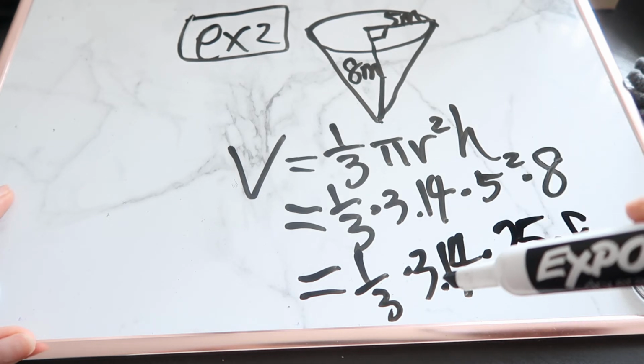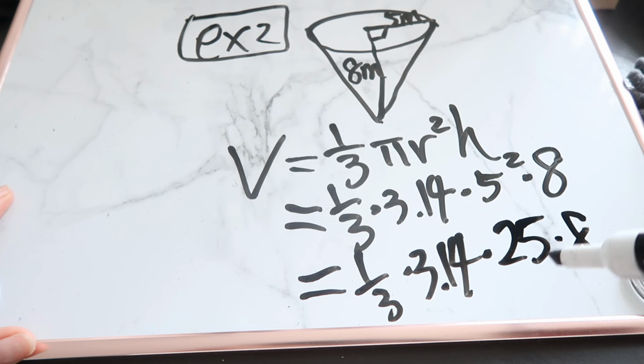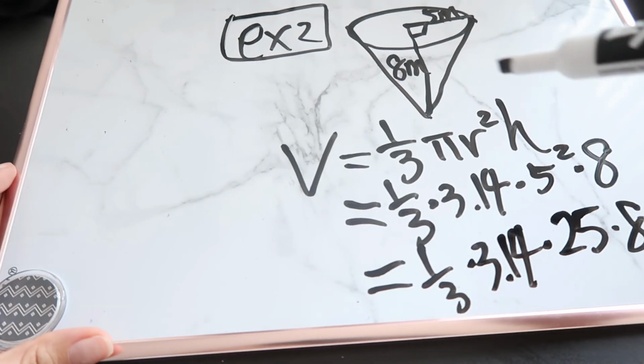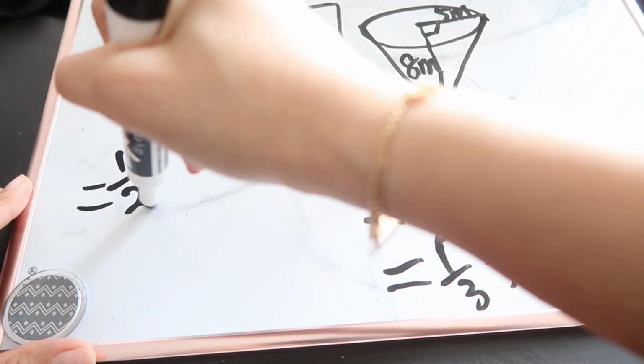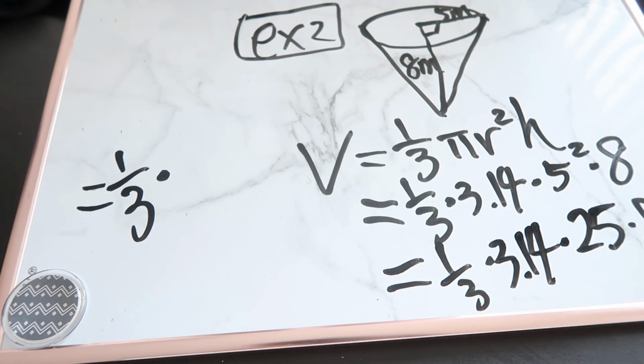And then you multiply 3.14 with 25 with 8 first. And then do the next step. So it will equal 1/3 multiplied with 3.14 times 25 times 8.